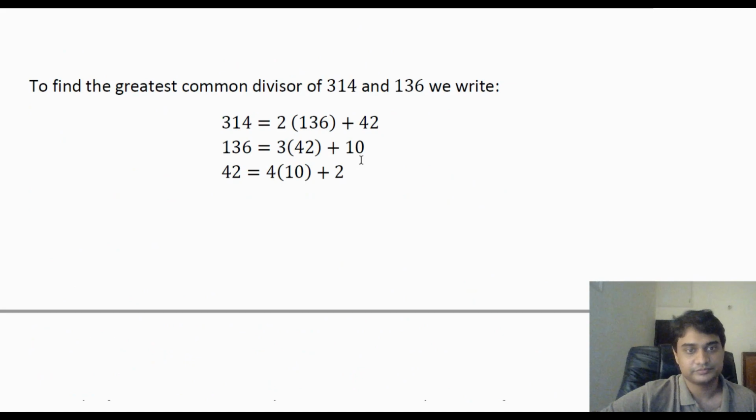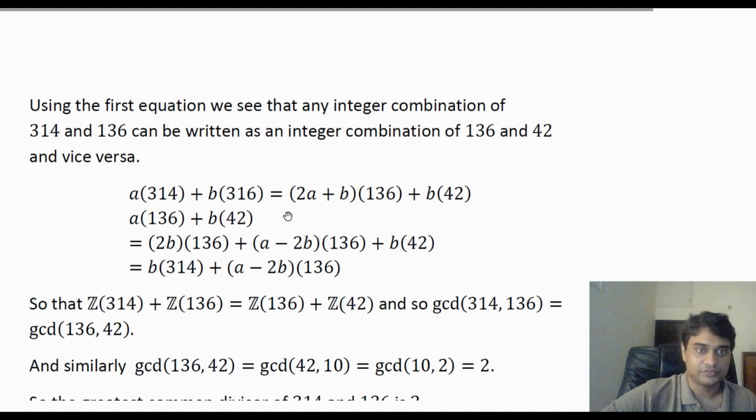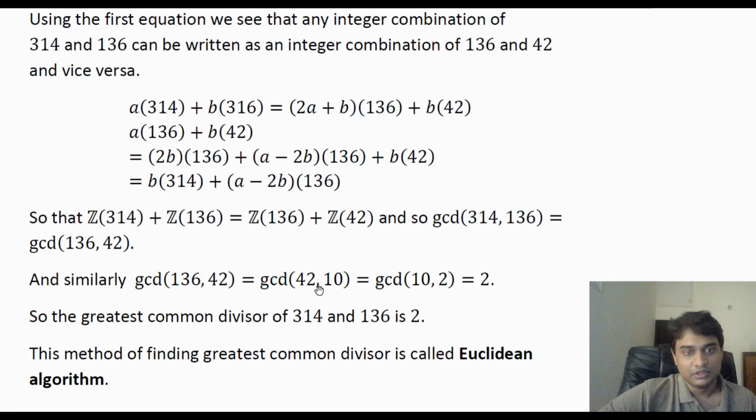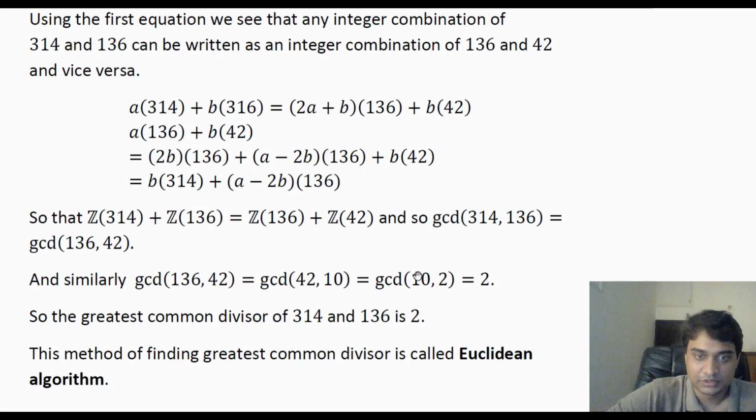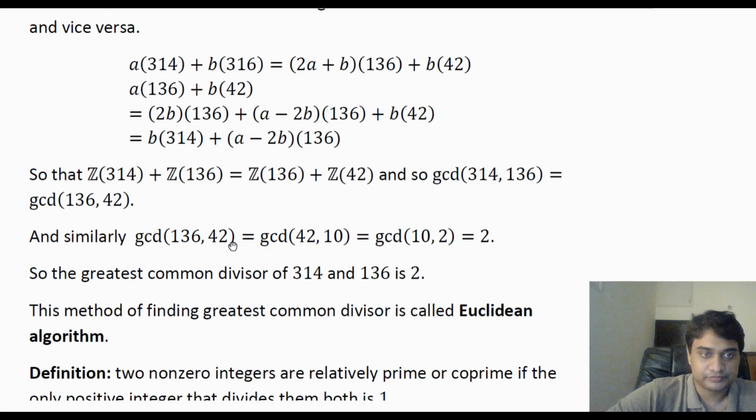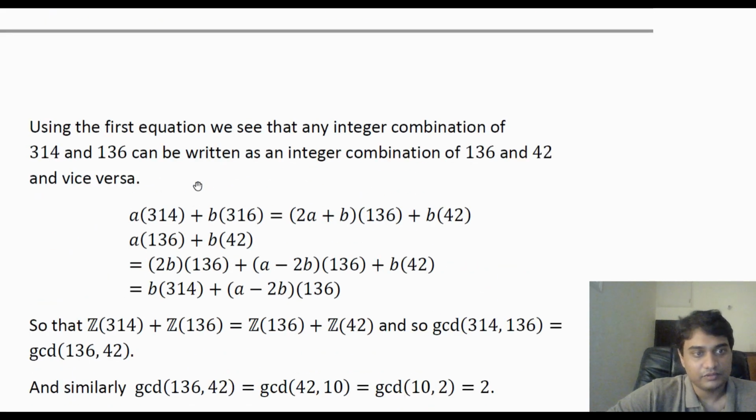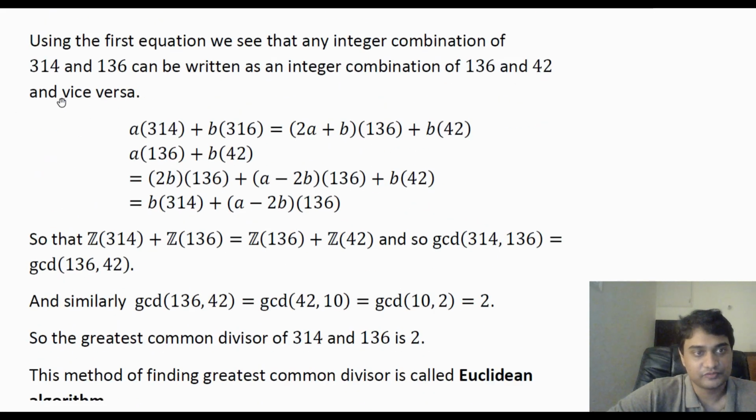And similarly from the third equation, it follows that the greatest common divisor of 42 and 10 equals the greatest common divisor of 10 and 2. And what is the greatest common divisor of 10 and 2? It is simple, it is 2, right? So this way we have found the greatest common divisor of 314 and 136, which is 2.